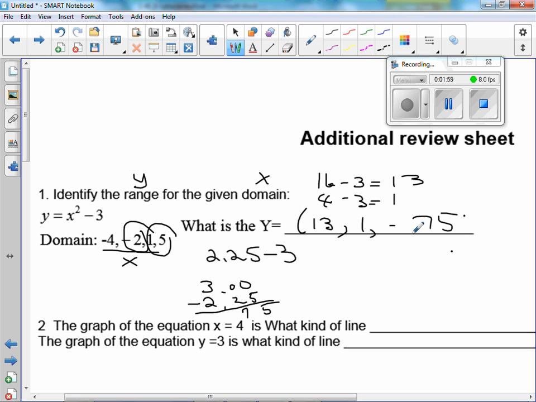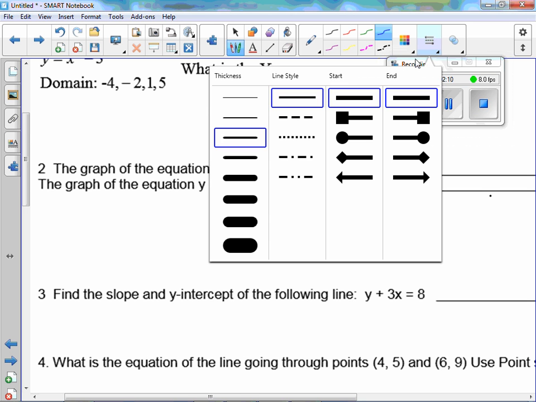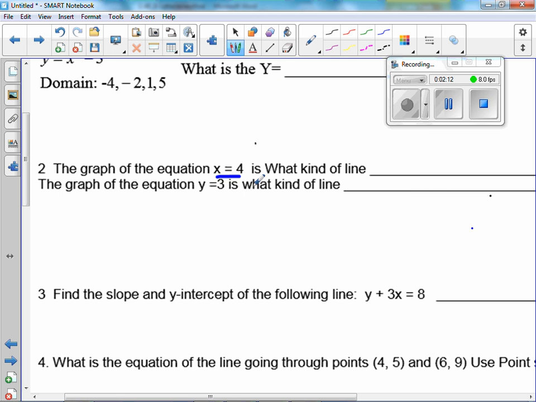Okay, that will be on the test. The graph of the equation x equals 4 graphs what kind of line? X equals 4. So if you were to just graph this and you find 4 and draw a line through 4, what kind of line is that?